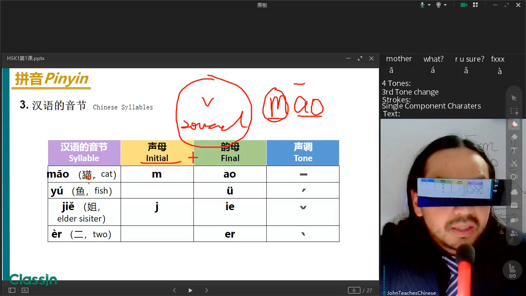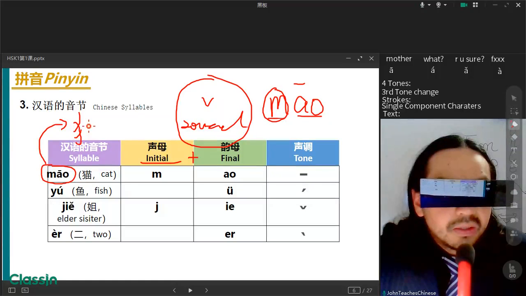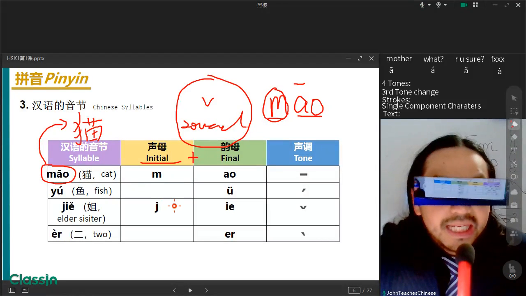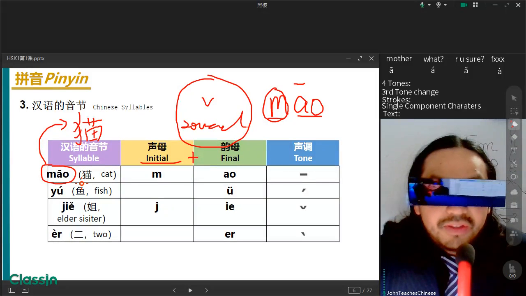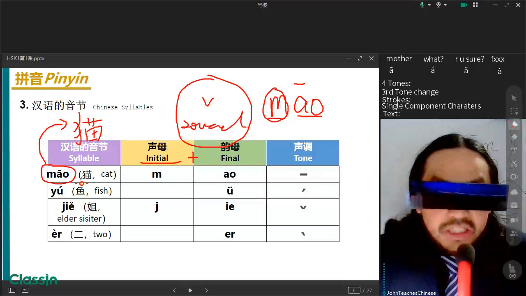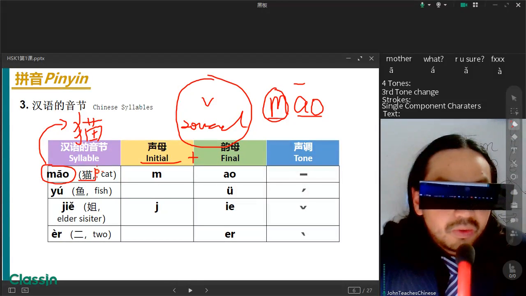So this syllable, mao, one of its matches is this kanji. That's how we write it, which means cat. For Japanese people, even if you have never learned any Chinese, you would know the meaning.